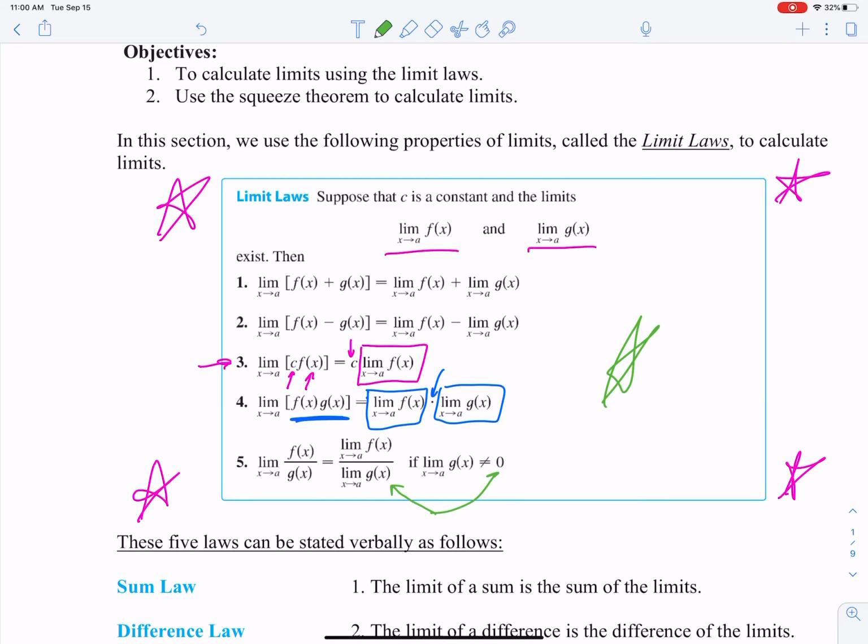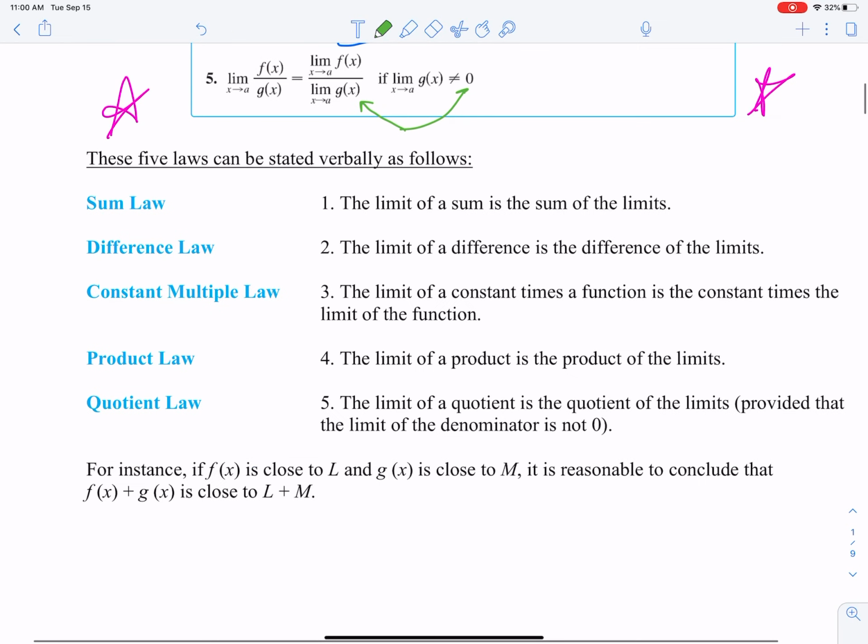But they're pretty easy. So these five laws can be stated verbally as follows. The sum law: the limit of a sum is the sum of the limits. The difference law: the limit of a difference is the difference of the limits. Constant multiple: the limit of a constant times a function is the constant times the limit of the function.